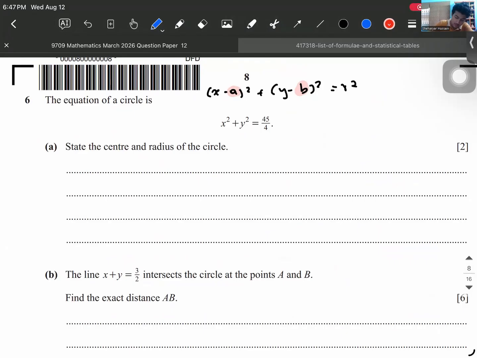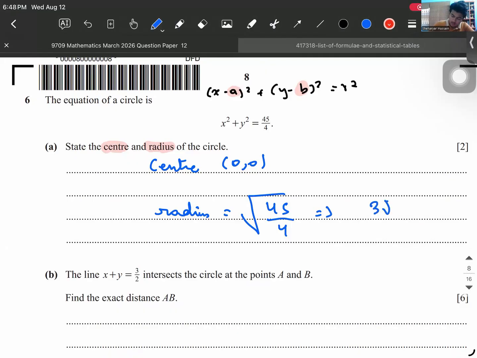So they've asked us to state the center and radius. Pretty simple. Since they've not stated any value, the center is 0, 0. And the radius is just going to be the under root of 45 over 4, which when inputted into the calculator gives us 3 under root 5 over 2.